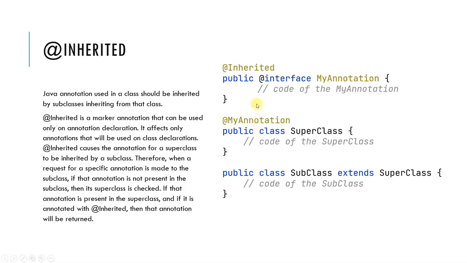So, for example, if we skip inherited here, then we will get a subclass where my annotation is not applied. But when we create the annotation inherited, then all child classes of this superclass will inherit this annotation. So it is inherited by subclasses inheriting that class.